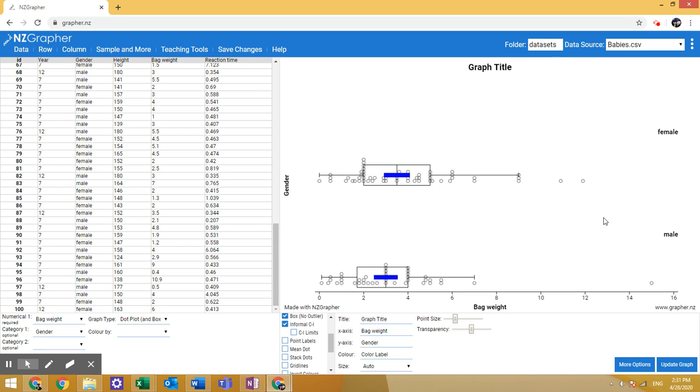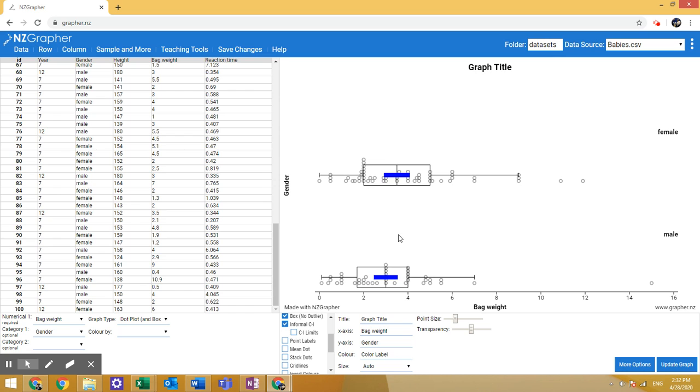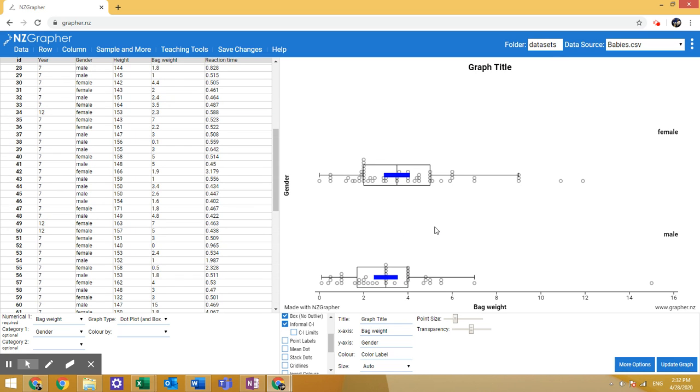Looking at males and females and their bag weights, we have blue bars that overlap. The blue bars are my best guess of where the average, the median, would be, and these blue bars are overlapping, so I can only say that there's actually no real difference between males and females because the informal confidence intervals, the blue bars, are overlapping each other.